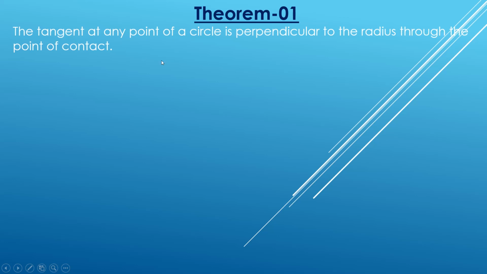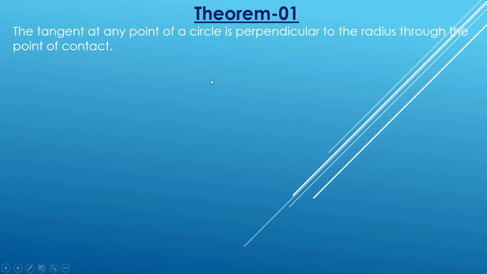Before going to further steps, let us recall the definitions of a tangent and a point of contact. A straight line which touches the circle at only one point is called a tangent, and the point where a tangent touches the circle is called the point of contact.